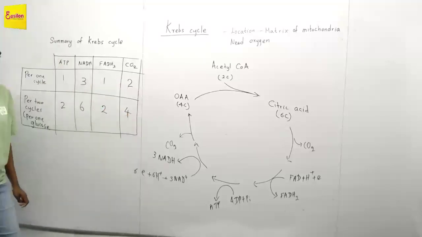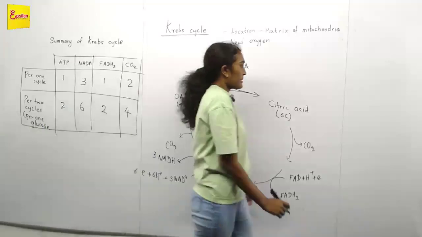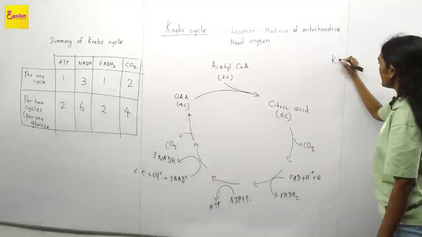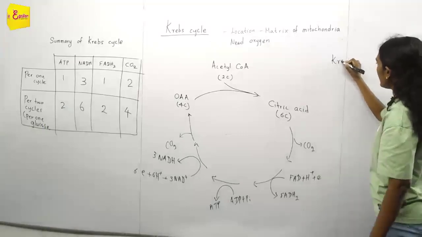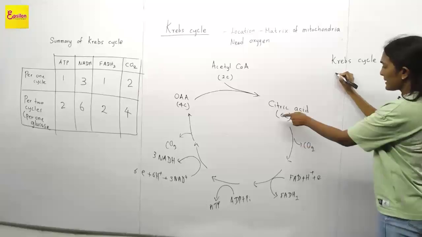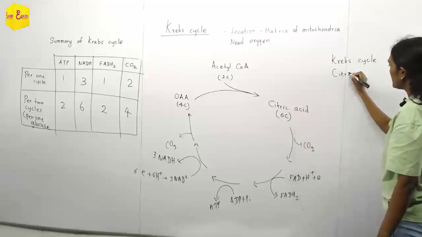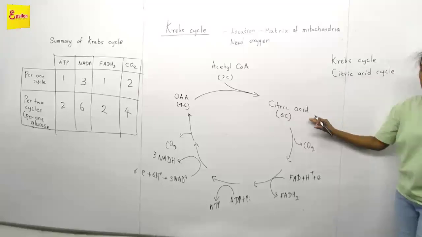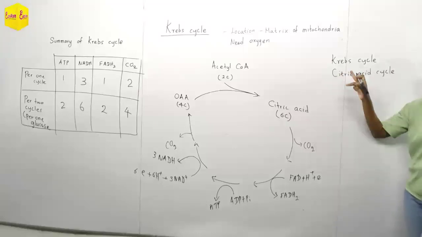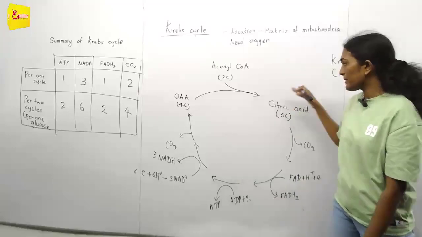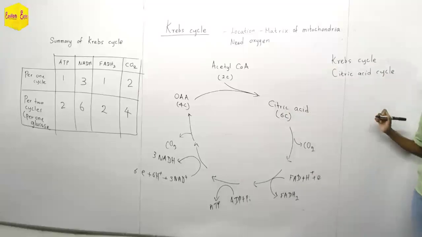understood? Right. This cycle is also known as the Krebs cycle. Another name I'm going to write. Also known as citric acid cycle, because the first product is citric acid. Why is it known as Krebs cycle? The reactions of this cycle have been found out by a scientist called Hans Krebs.